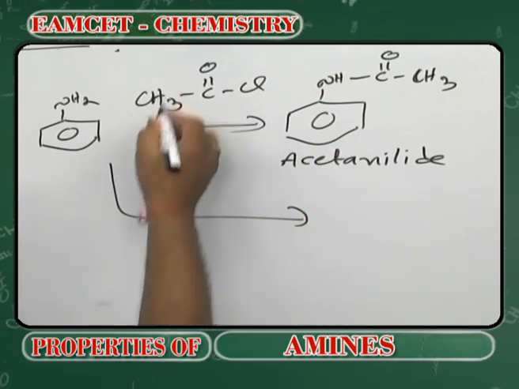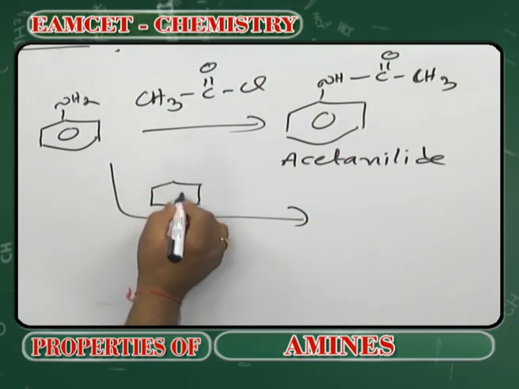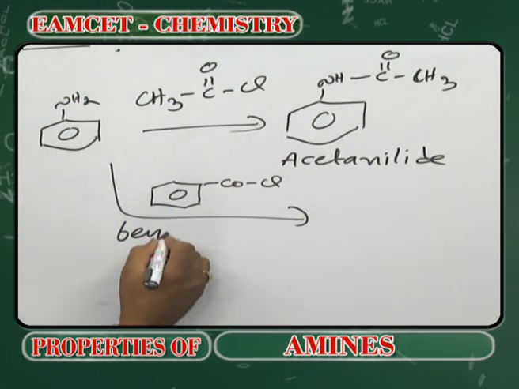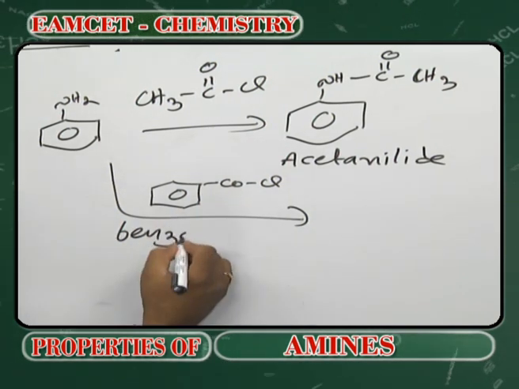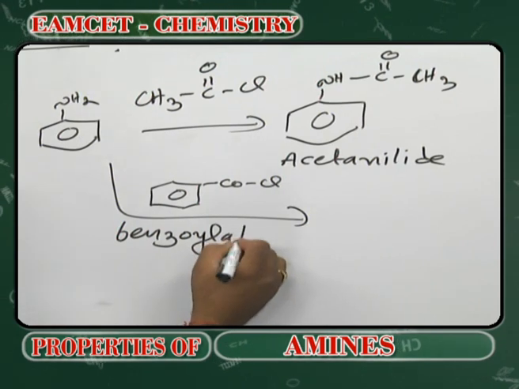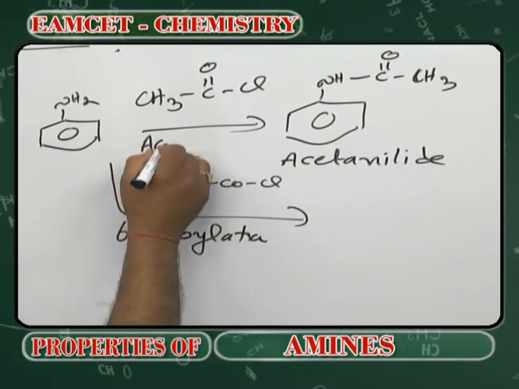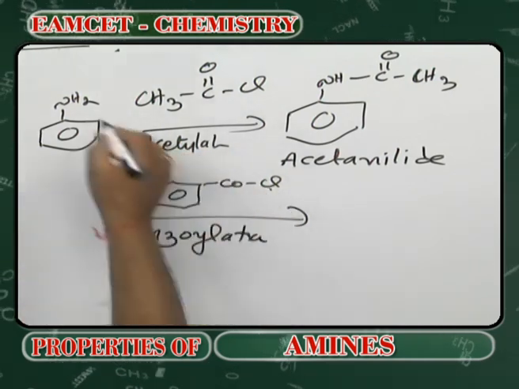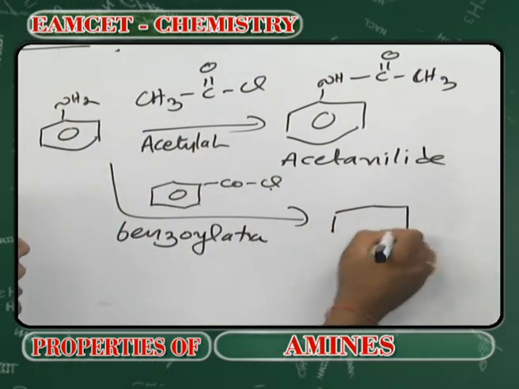Instead of acetyl chloride, you can use benzoyl chloride, C6H5COCl. This is called benzoylation, and the earlier one was acetylation. With benzoylation, the Cl and H will go and benzanilide comes.